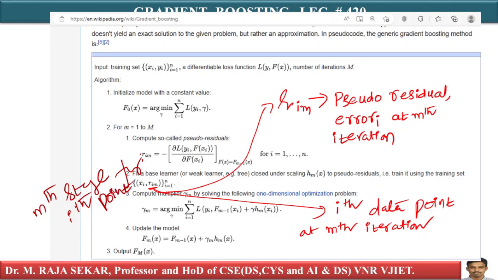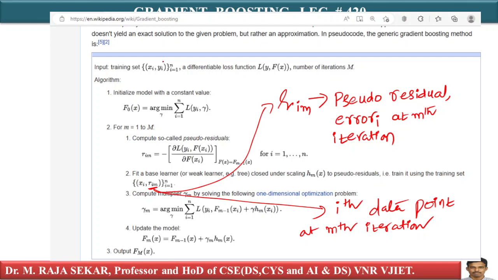That is rim here, isn't it? Now I will train a model like hm of x. Yes, I can train a model hm of x. I will train it on xi comma rim, which is the pseudo residual. Rim is like the error i at the mth iteration.